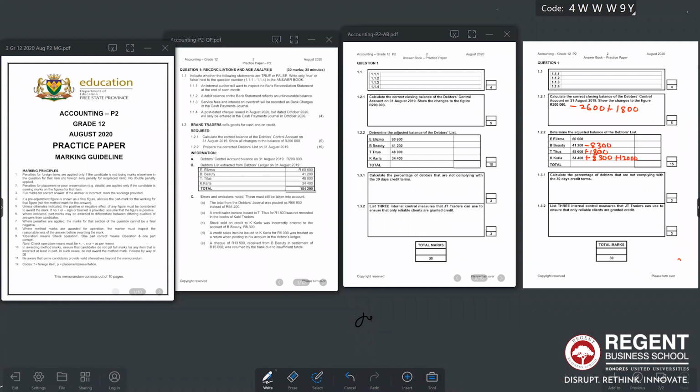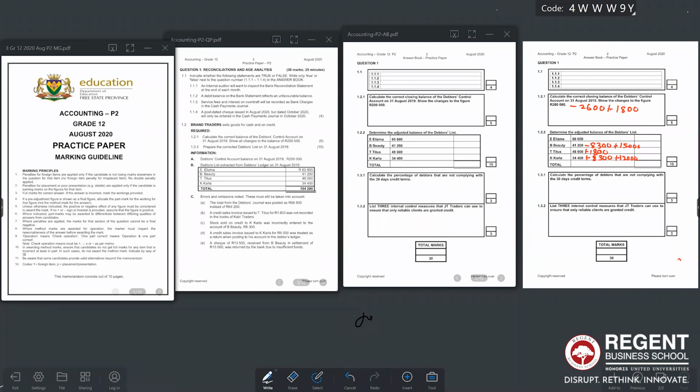So let's go to the account of Beauty. We had decreased the account by 13,500 and a further 1,500. I had decreased Beauty's account by 15,000 rands. I must now go and increase Beauty's account by 15,000. So I'm going to say plus 15. So you're going to say Beauty plus 15,000.